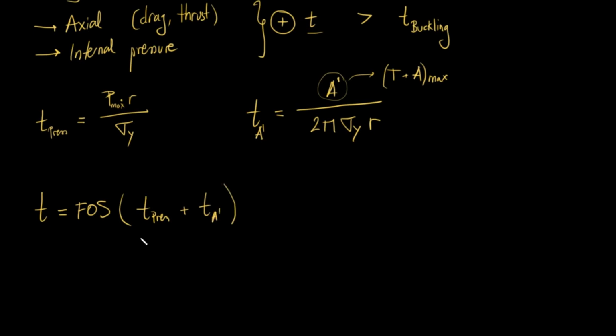By the way, for the factor of safety, you can use whatever you feel like using. Normally this is from 1.25, 1.5, or more if you like. So it's up to you.